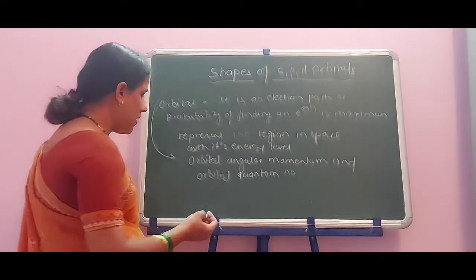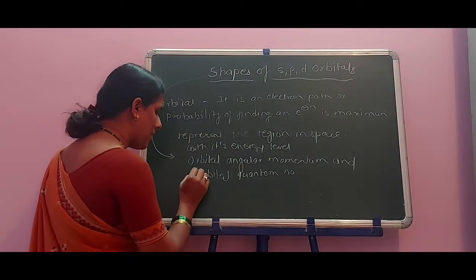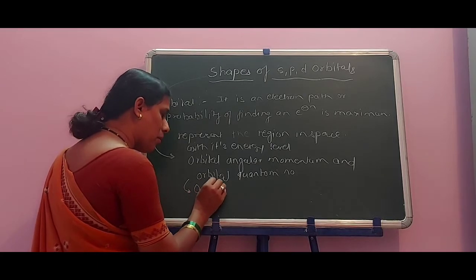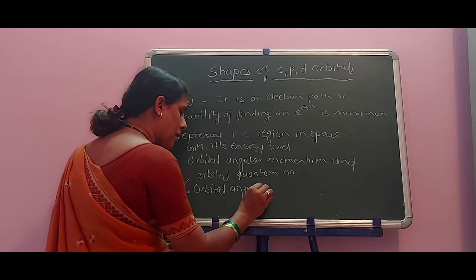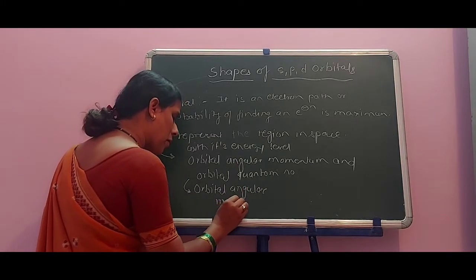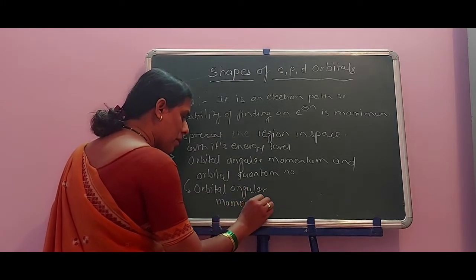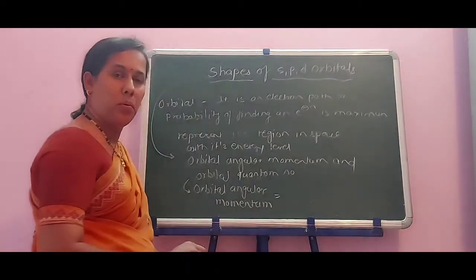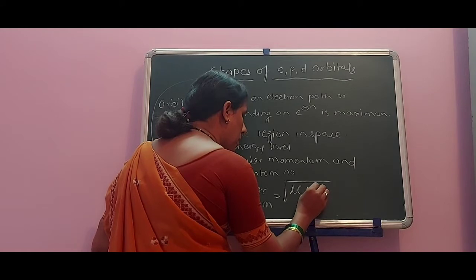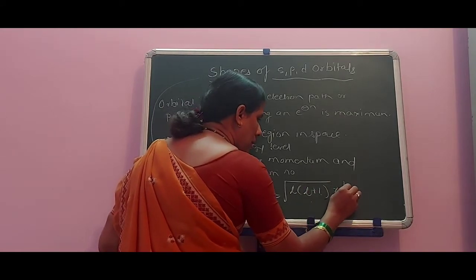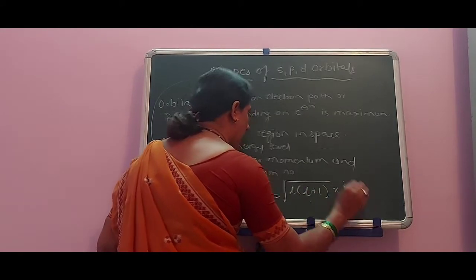This can be designated by the relation: orbital angular momentum is equal to the square root of l into l plus 1, into h upon 2 pi.